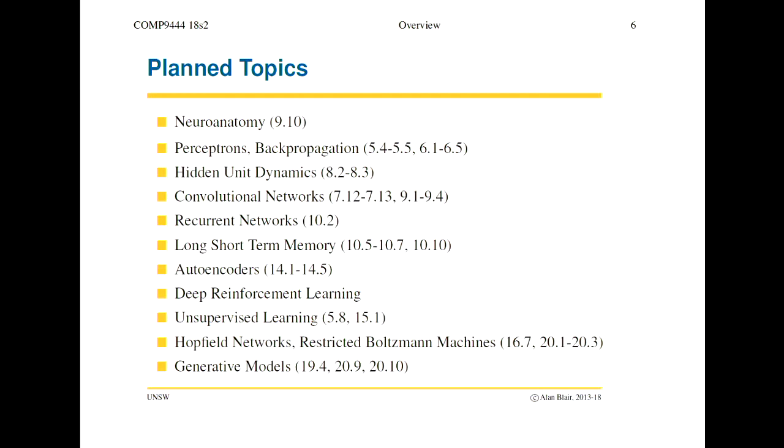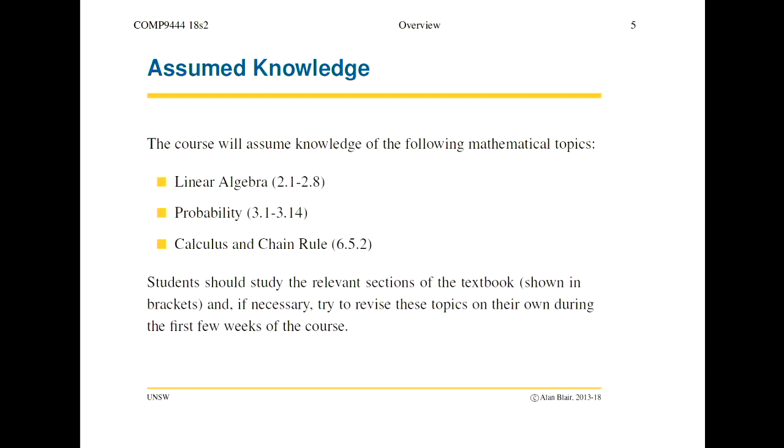Okay, these are the planned topics, and I've put the relevant sections of the textbook next to it. Just picking up on the earlier point, for the probability I put sections 3.1 to 3.14.